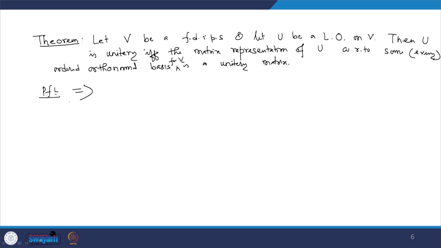First is the if part, that is given U is unitary.